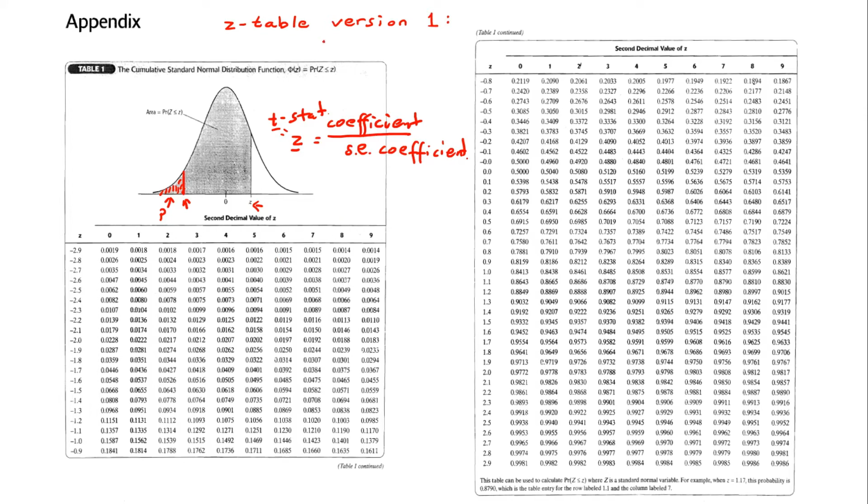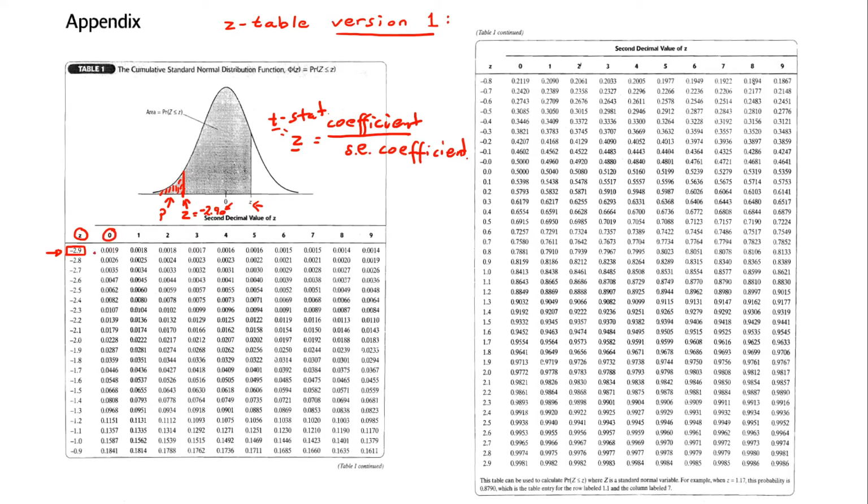The main idea behind this first version of the z-table is that if you have a number z, for example here, and this number is negative 2.90, then you can just go here in the z column, and you can find negative 2.9, which is here, and the second decimal is 0, so you get this column.